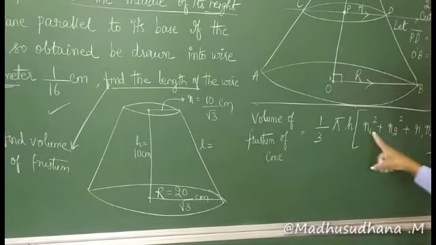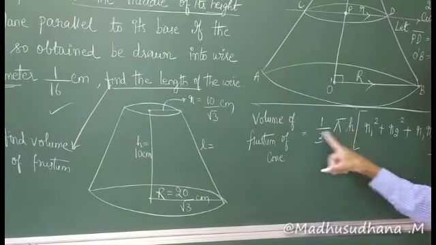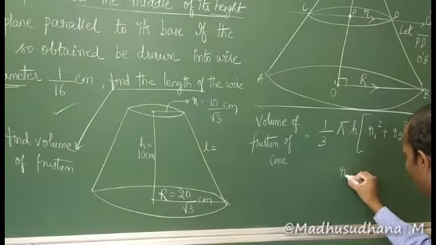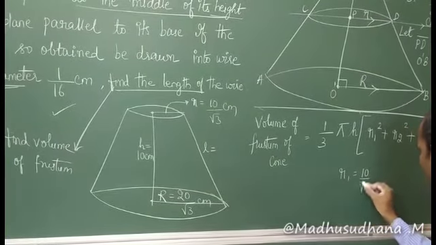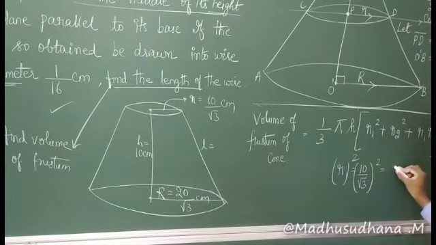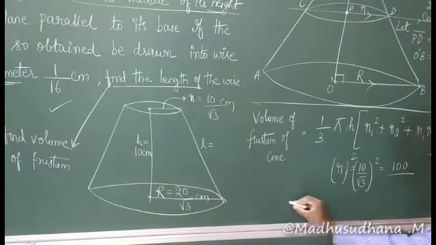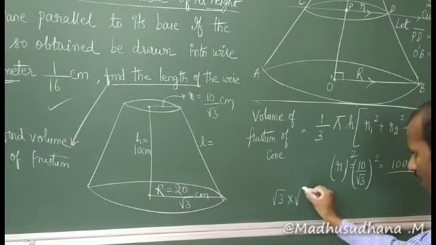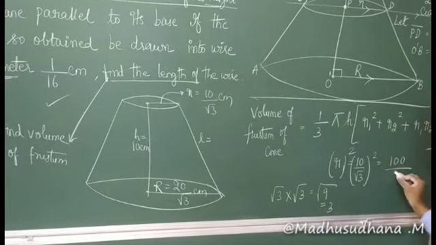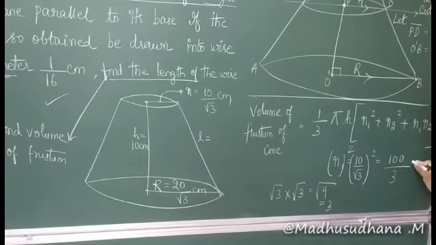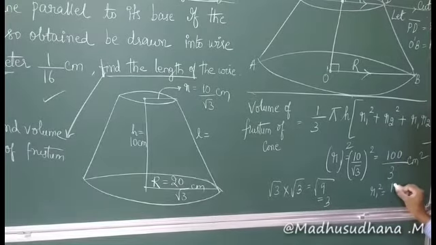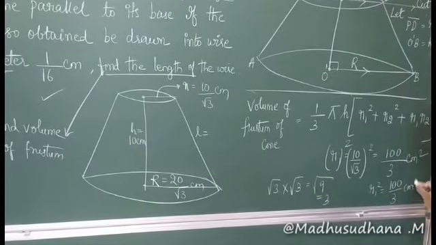R1 is nothing but this small r, 10 by root 3. So r1 square is 100 by root 3 into root 3, and root 3 into root 3 is 3. So r1 square is 100 by 3 centimeter square.